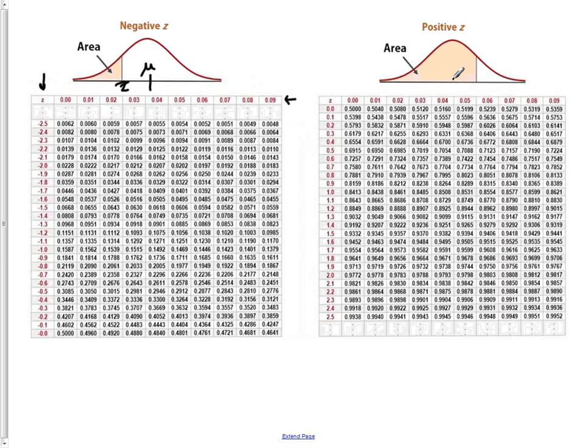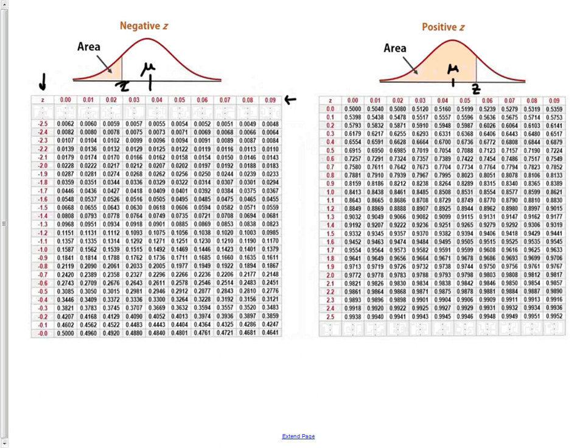On the other hand, if our z-score is positive, right, here's our mean, it's supposed to be the letter mu, our z-score is to the right of that. So we know that a positive z-score will indicate we're to the right, a negative z-score will indicate to the left, and this is the appropriate table to use.